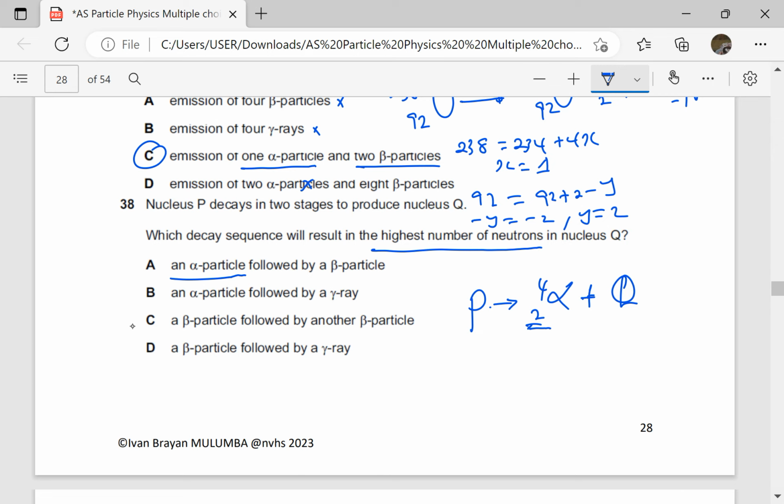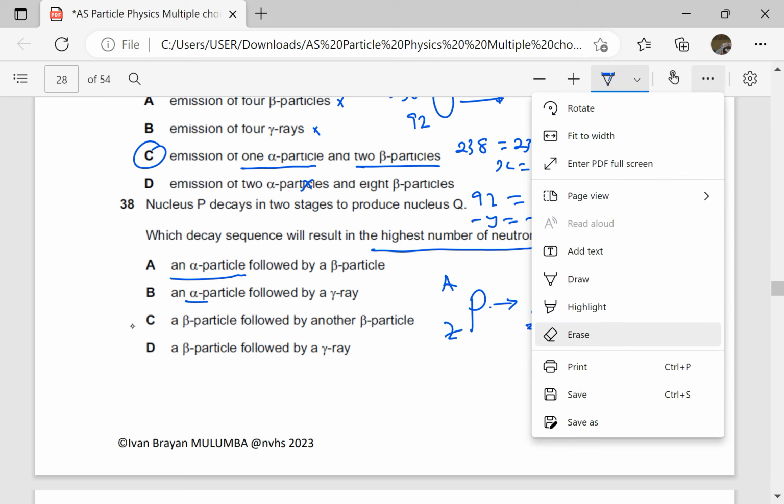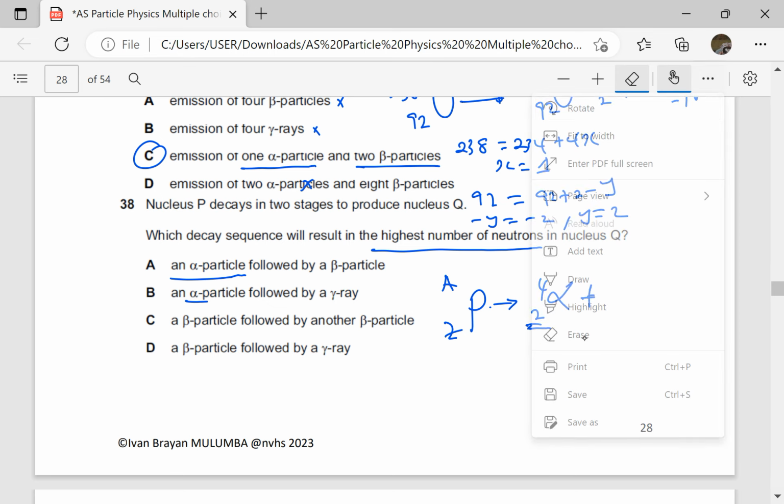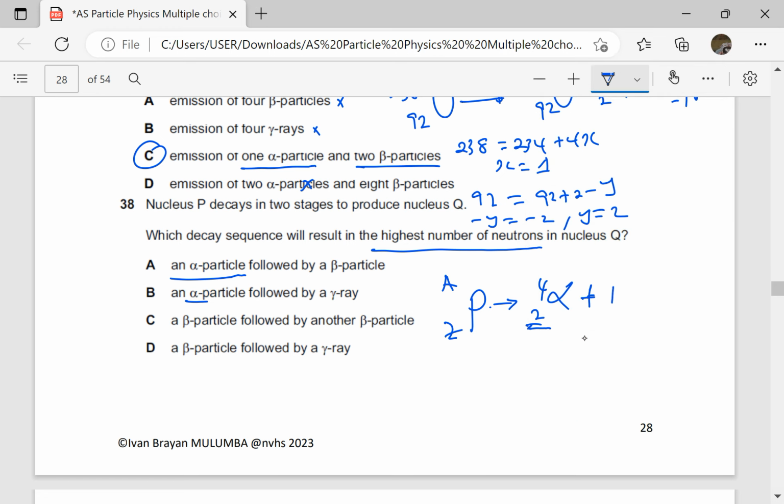Then let's see, remember even the nucleon number, every time an alpha particle is emitted, the nucleon number A reduces. So let me add beta first so that people can see. Let's add beta minus, because every time they just say beta particle, it is beta minus, 0, -1.